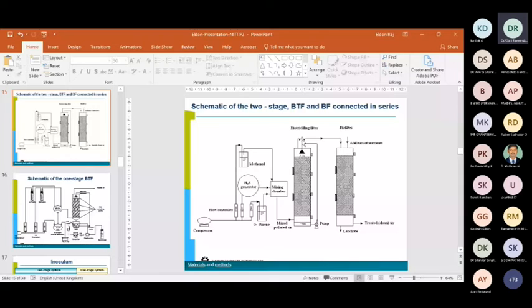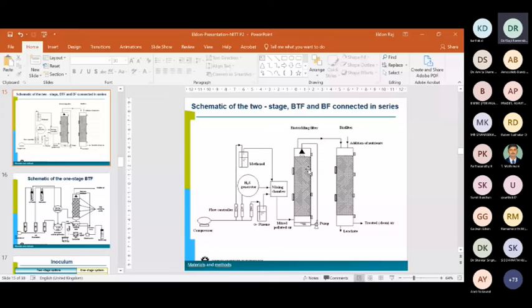So two-stage systems are highly advantageous when you have different types of pollutants, and you want to preferentially treat one pollutant here and one pollutant here. So in our case, we wanted to have the biofilter for pinene treatment, whereas the biotrickling filter for treating hydrogen sulfide and methanol, because it has a liquid phase, so we cannot treat a hydrophobic pollutant.